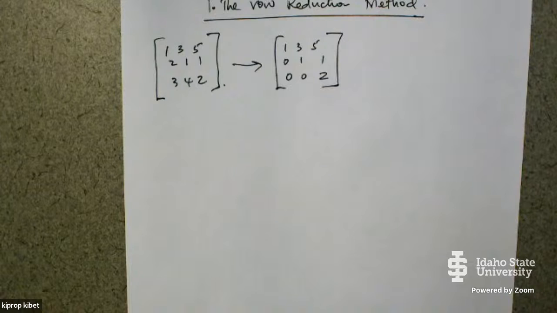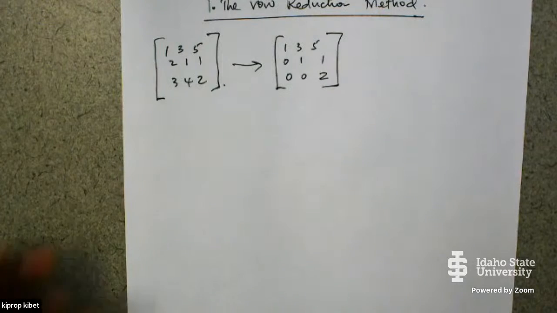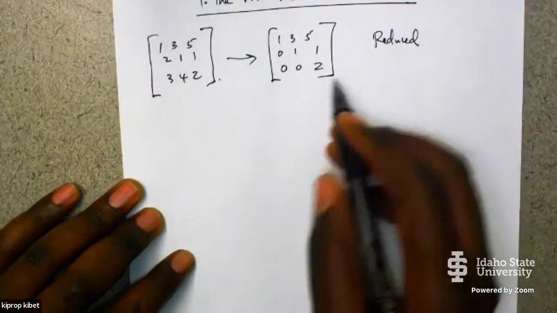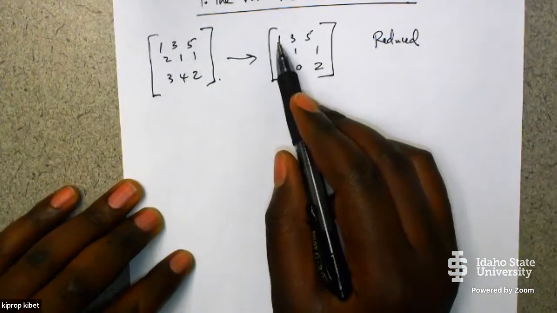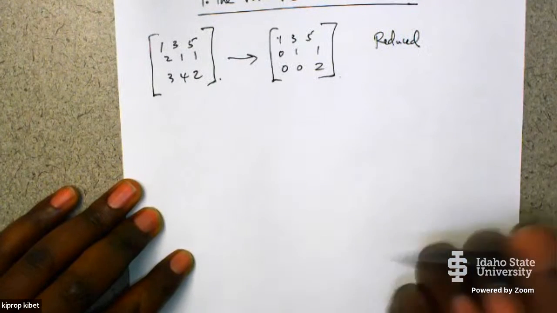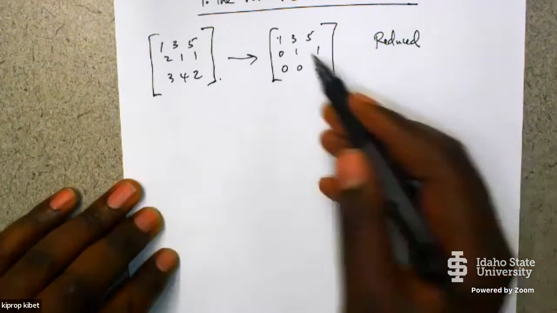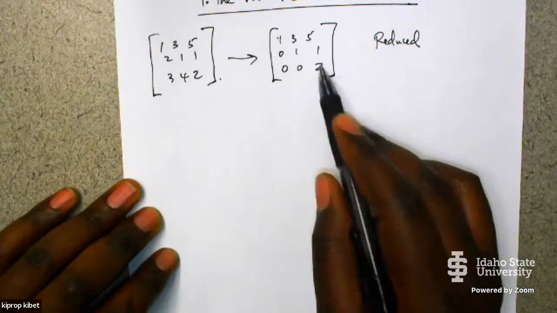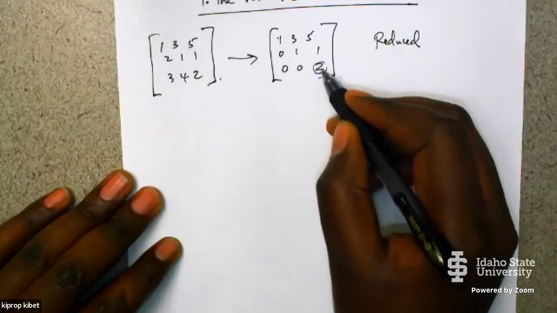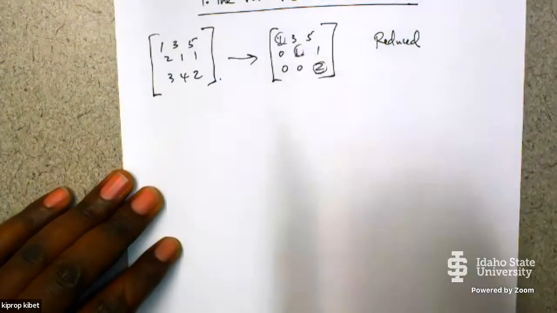So again, when you reduce, that one is echelon form. Now there is the reduced echelon form. Now the reduced is where the main diagonal here should be 1, right? The main diagonal should be 1, as long as it has a pivot. This one has a pivot position.